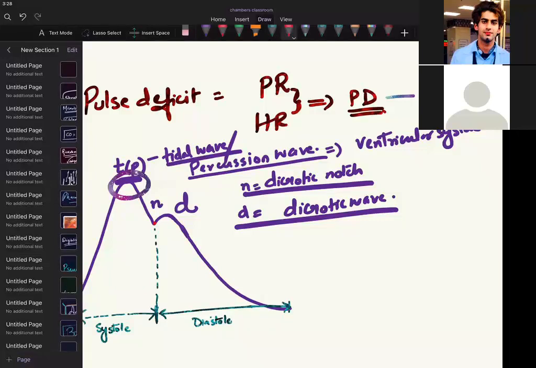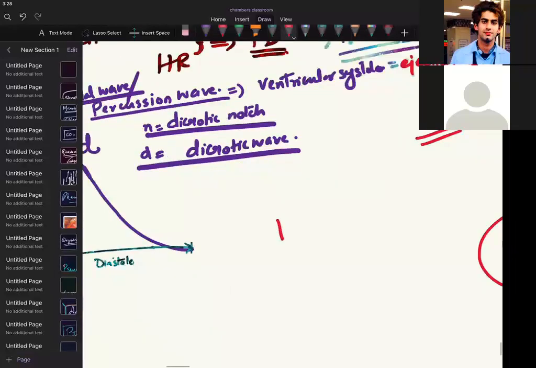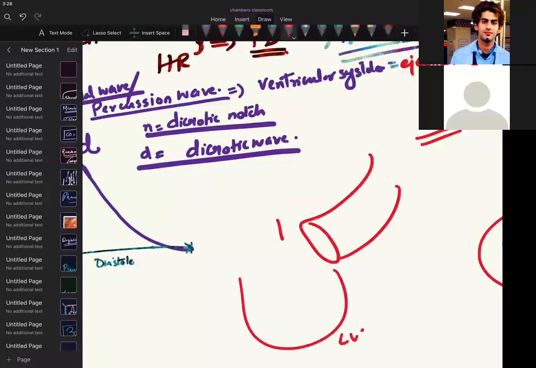Ventricular diastole, the aortic valve will become closed. Beautiful answer. So once you close this valve, this is your left ventricle, I have closed this valve. Suddenly, if you close this valve, will that blood get a rebound force? Once you close something, the blood rebounds.